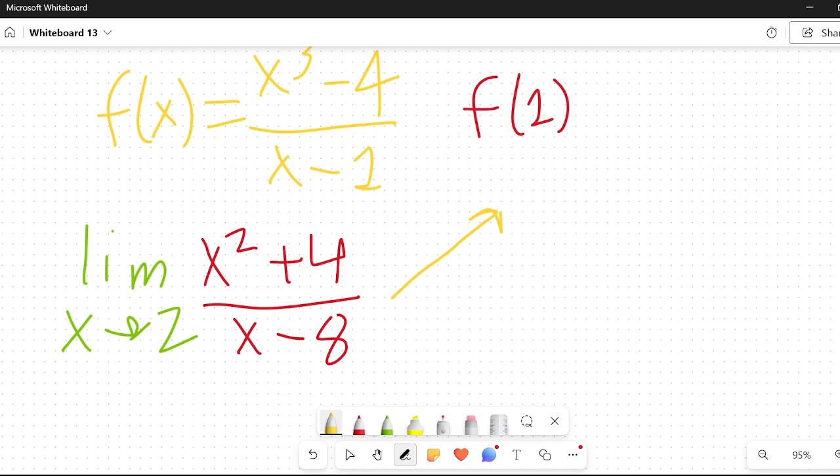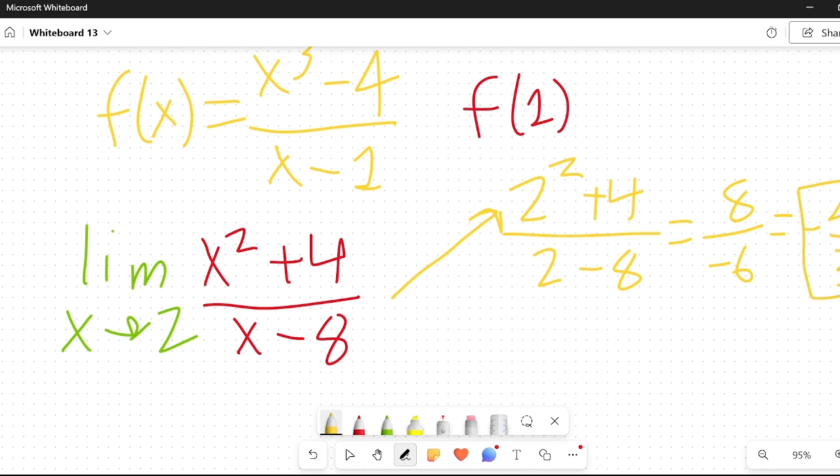In this case, we can simply plug in 2 to our function to determine what the value will be as it approaches 2. That's essentially what a limit is: examining the value as it gets close to x equals 2. So 2 squared plus 4 over 2 minus 8 is 8 over negative 6, which is negative 4/3.